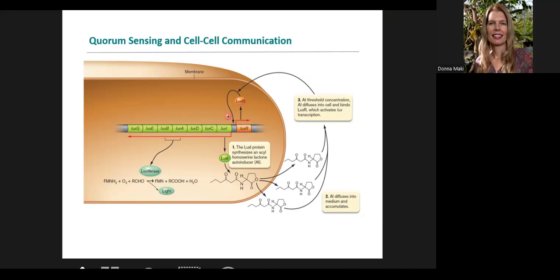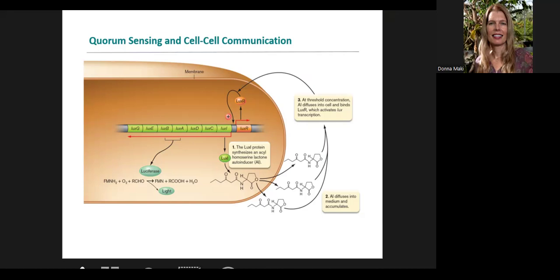And then if lots and lots of the cells are all doing this, the chemical signal will diffuse back in and bind to the section of the genes that cause bioluminescence, right? In this particular case, luciferase is what we see when we look at those colonies bioluminescent.